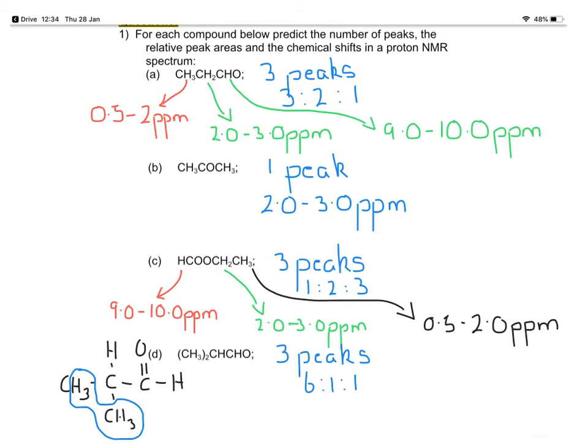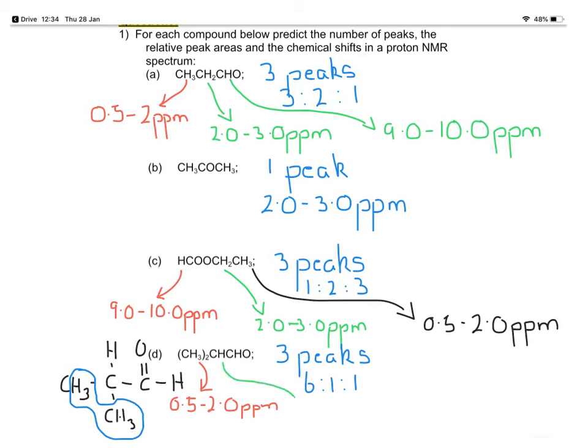Now I've got to assign the chemical shifts for each of these. If I look at these 6 equivalent hydrogens here, they're just as if they're in an alkane. We're looking at what's directly beside them. So the chemical shift of this peak will be between 0.5 and 2 parts per million. Now this hydrogen in here on its own, well, it's beside a carbonyl group like you would find in a ketone.